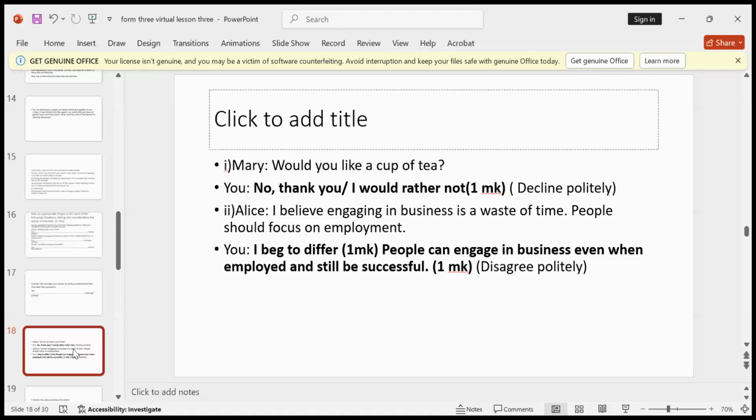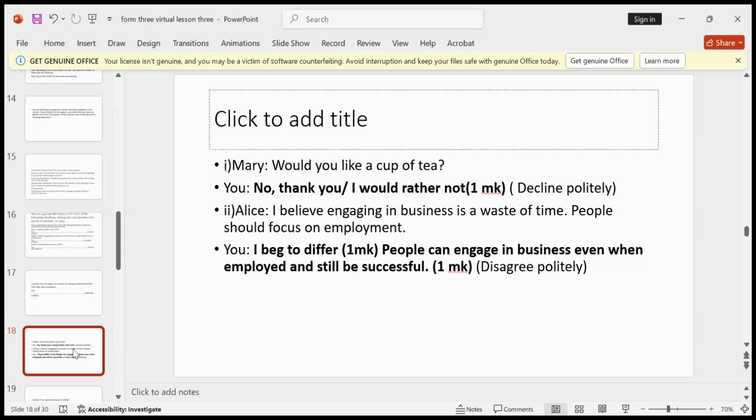So, would you like a cup of tea? Decline politely. No, thank you. Or I would rather not. Then, I believe engaging in business is a waste of time. People should focus on employment. Response, disagree politely. I beg to differ.